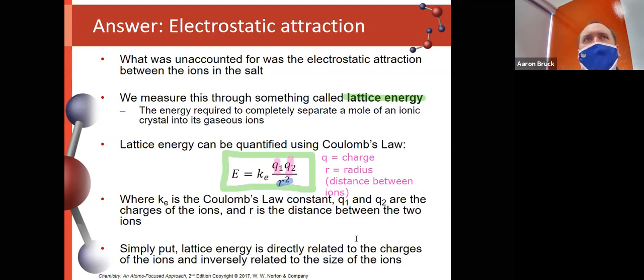So what is the driving force for this radius? It's the size of the ions themselves. If I'm comparing a chloride ion versus an iodide ion, the iodide we know is going to be larger. And so its larger space is going to mean less attraction to other ions.